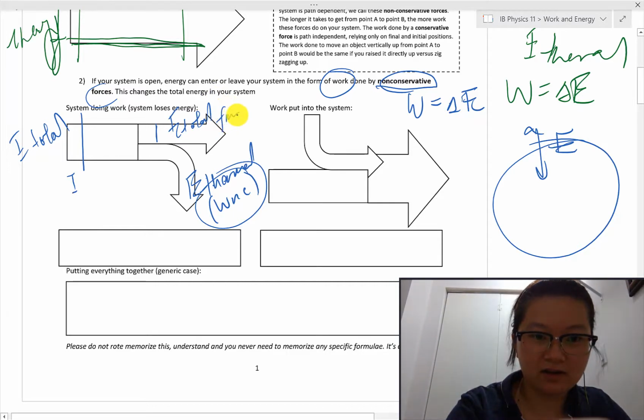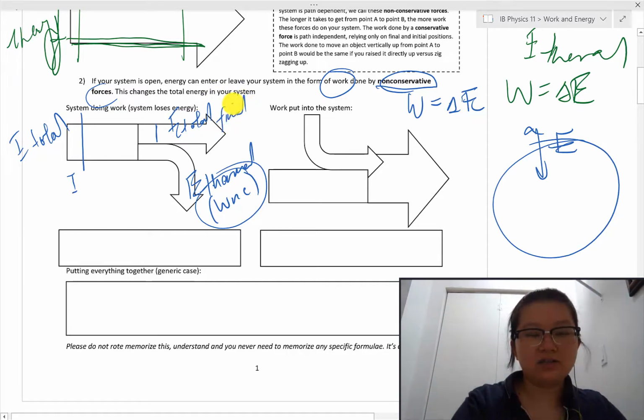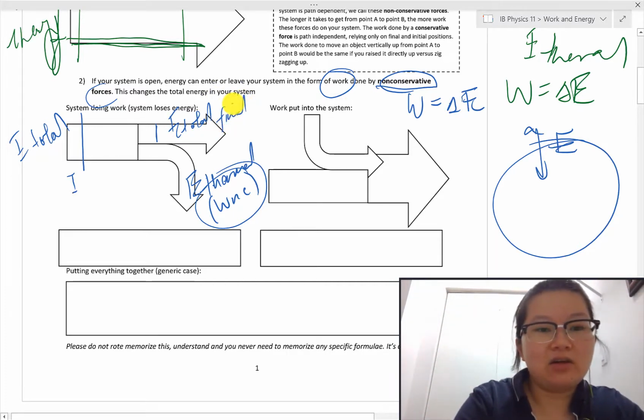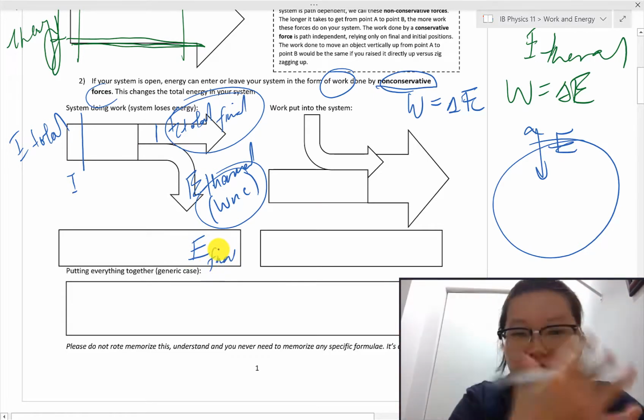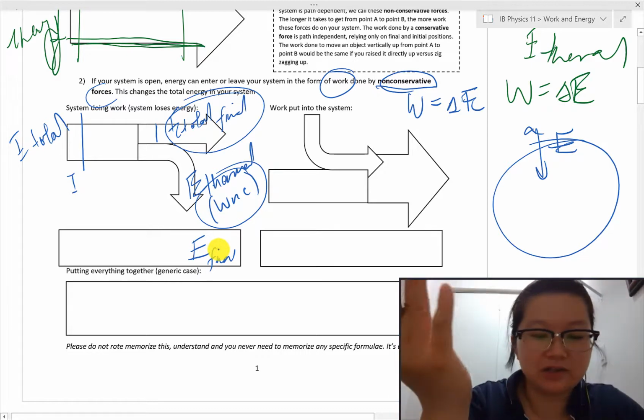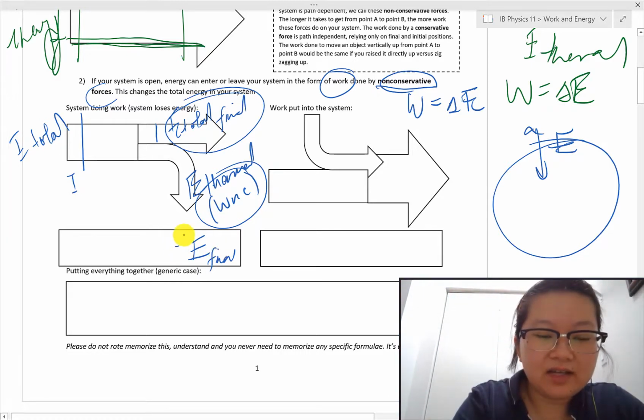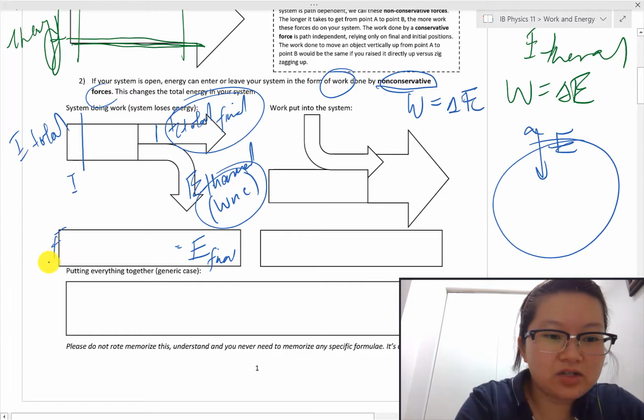Okay, so I'm going to write here E total final. So if I write this out in an equation, my total final energy, which I'll write on this side, and I'm just going to write E final because we're assuming all the energy is total. We're talking about the total energy of our system. So our E final is our total energy to begin with. I'm going to write initial here.